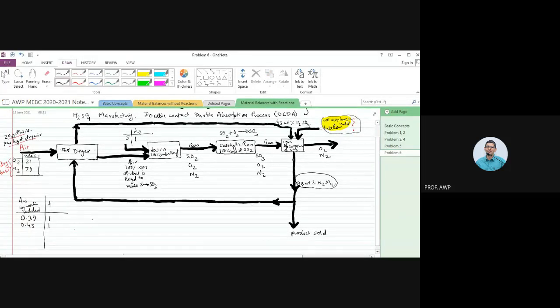That's the second answer. So I am also getting 0.453 kg of water to be added. Okay, Sarthak.